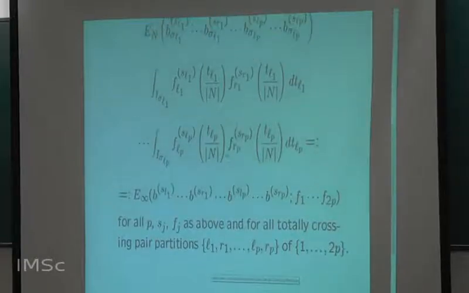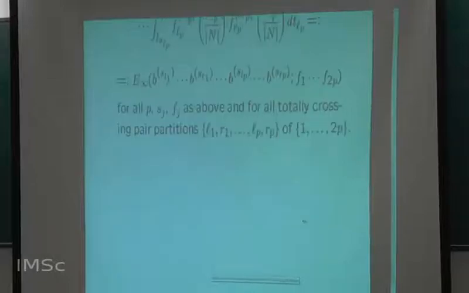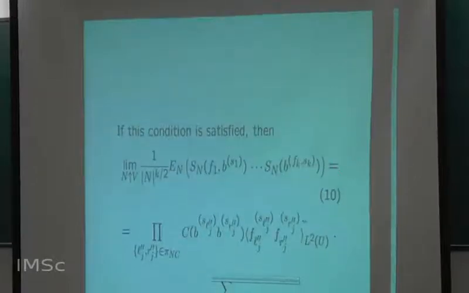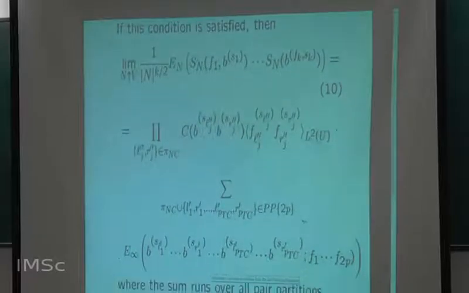So I will call this the totally entangled part, I call it E infinity, and it will depend on the totally entangled part of the partition and of course on the test functions. Totally crossing, I sometimes call entangled instead of crossing. Okay.